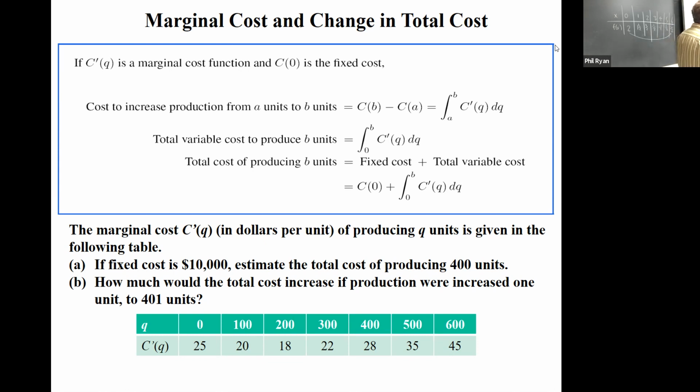Okay, so we can do another problem, just like this one. This one was kind of abstract. This one is something a little bit more concrete, it's the cost. So we can do the same thing. Our table is now going to have Q, marginal cost, and we want to figure out total costs.